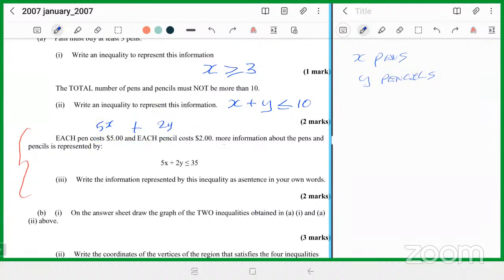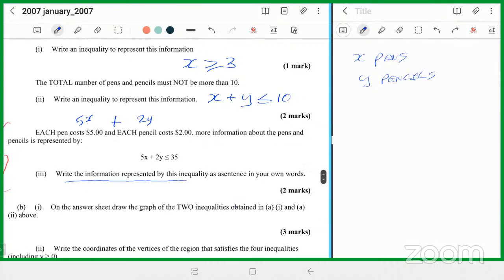Their question is, write the information represented by this inequality as a sentence in your own words. Oftentimes they ask you to do that. What does this inequality mean in your own words? The question is referring to the cost, how much money she spends to buy the pens and the pencils.